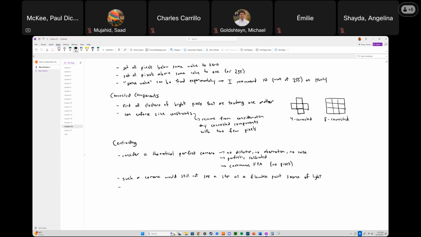Instead, it would detect the Airy pattern caused by diffraction at the camera aperture, or we'll say entrance pupil.